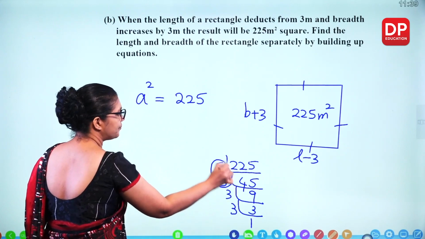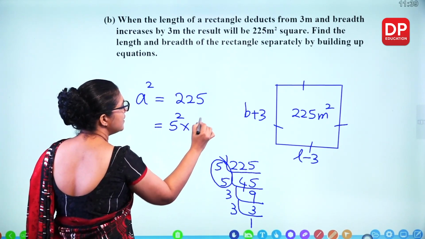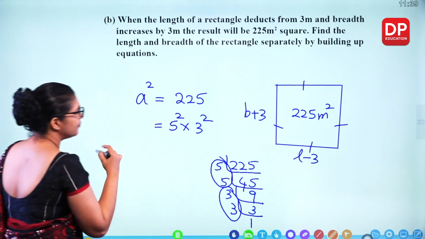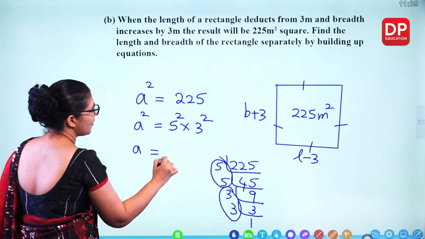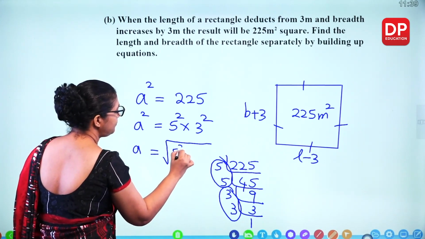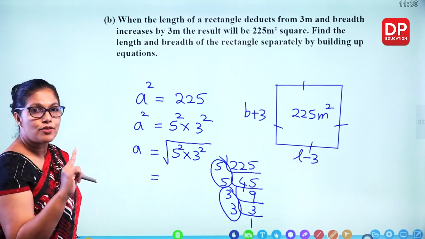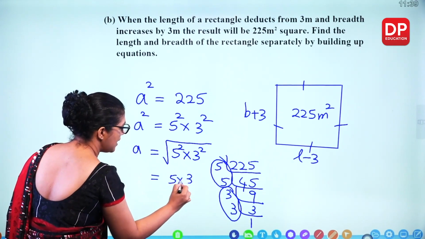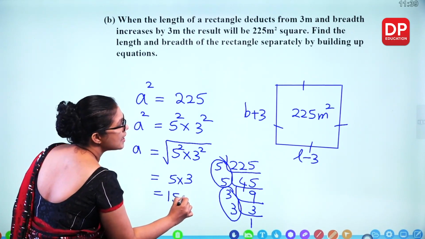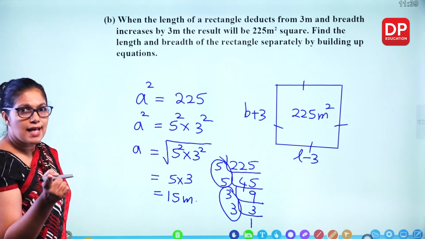Now see, I can write 5 squared and 3 squared. When you are taking the square root, what happens? Square terms get cancelled out with the square root sign. So you get 5 times 3, that's 15 meters is the length of one side.